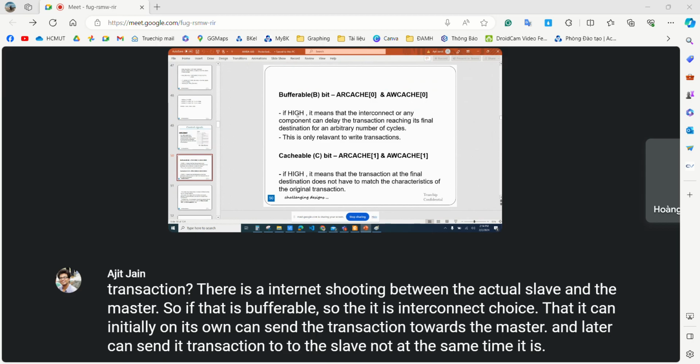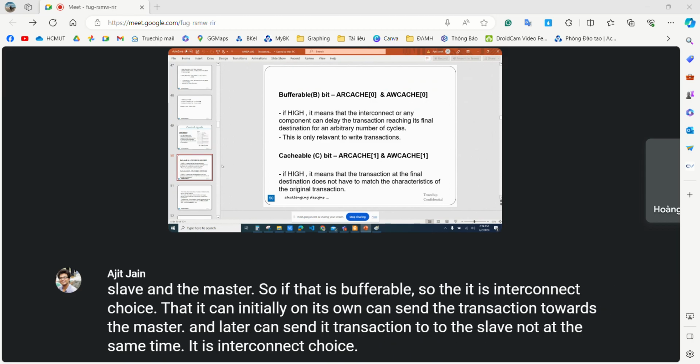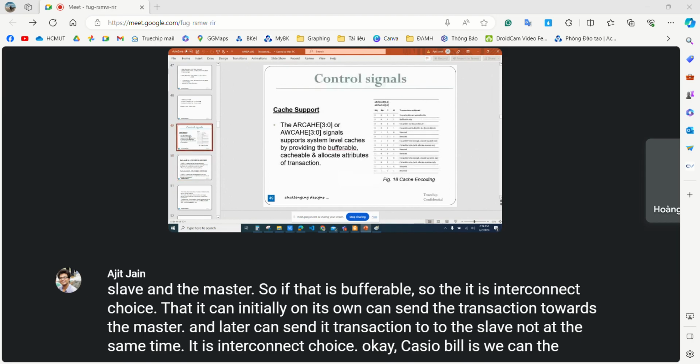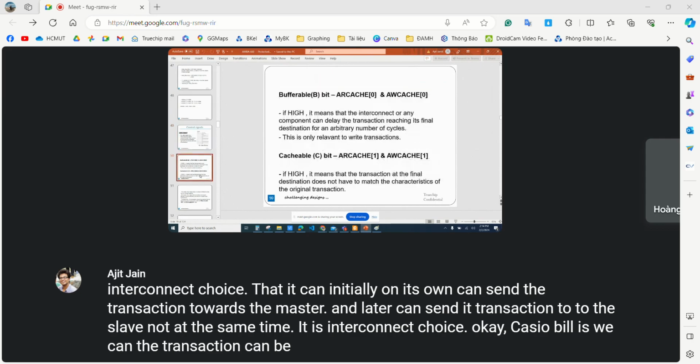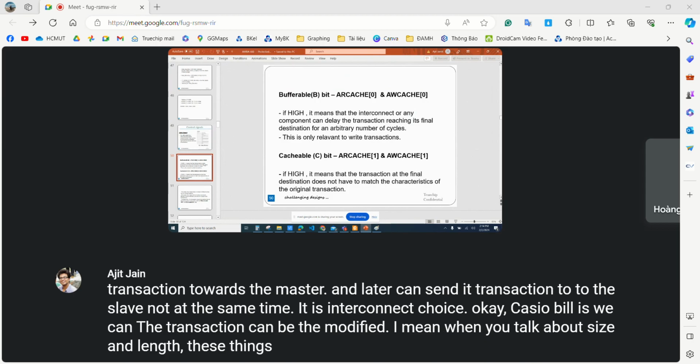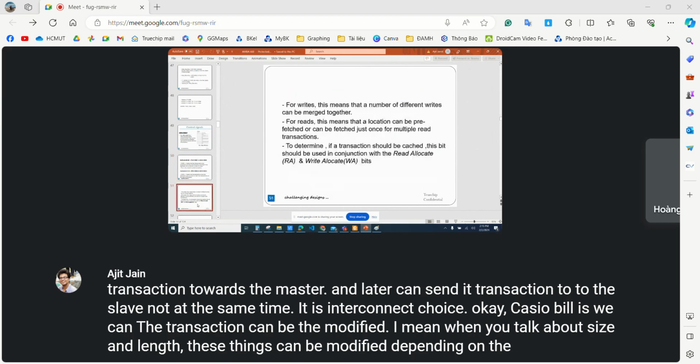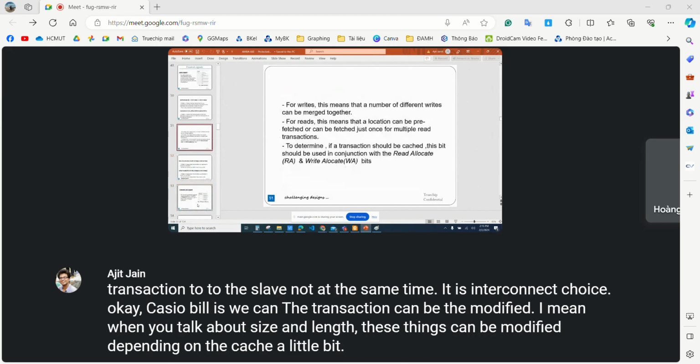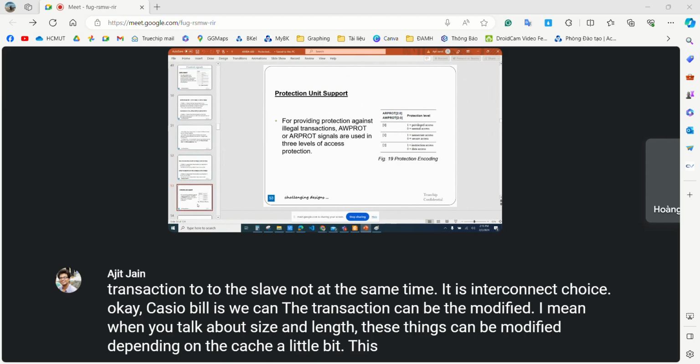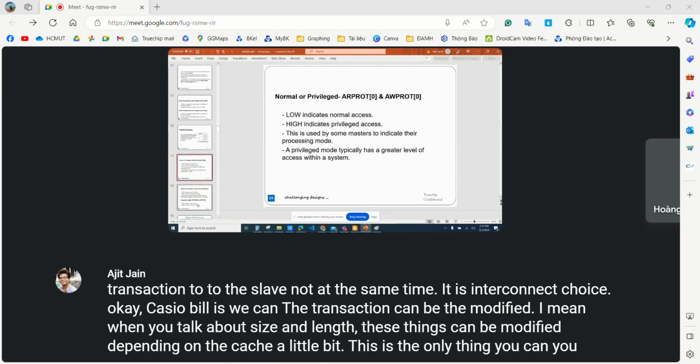Cacheable means the transaction can be modified. When you talk about size and length, these things can be modified depending on the cacheable bit. This is the only thing you need to learn about it.